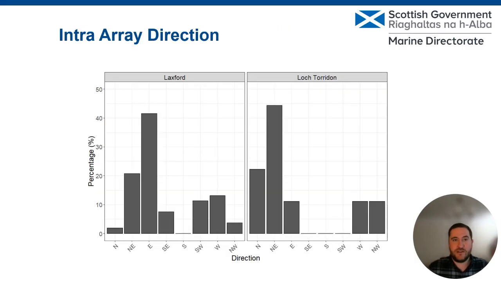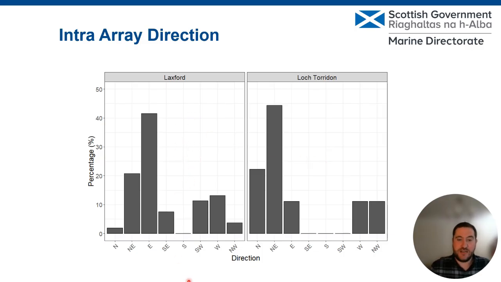And then finally, looking at the inter-array detection. So this is looking at the detection movements between the Laxford and the Loch Torridon fish. What we have here is the percentage of movements in each direction of those fish. Just remember that for the Loch Torridon fish, there are much fewer of these than there are of the Laxford fish.